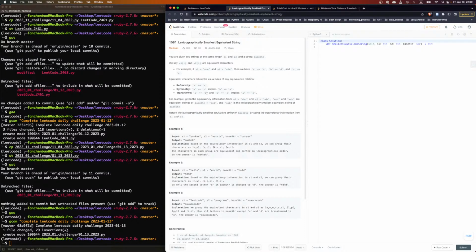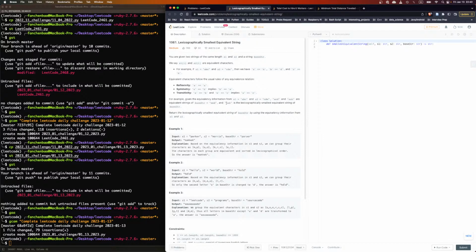For example, given this equivalence information, these are equivalent strings of the base string because A equals C, B equals D, so B and D are the same, A and C are the same, and C also equals E, so A, C, E are all the same.